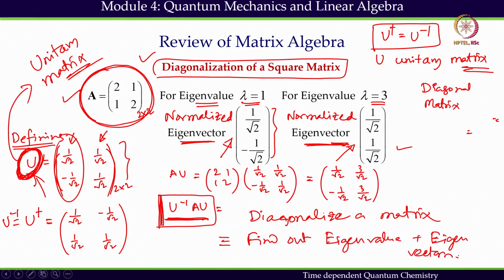So I can find out the spectrum of the system. And this diagonalization is done with the help of this linear transformation: U inverse A U equals lambda, where U contains the eigenvector information and lambda contains the eigenvalue information.